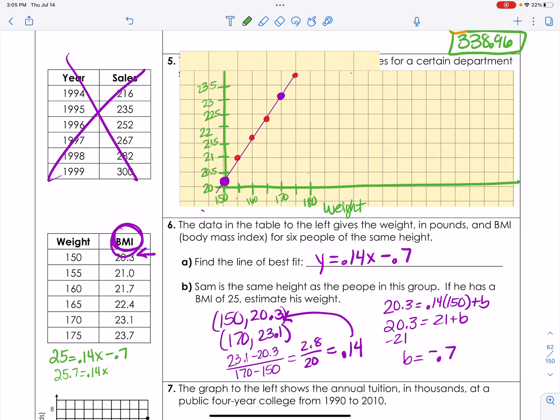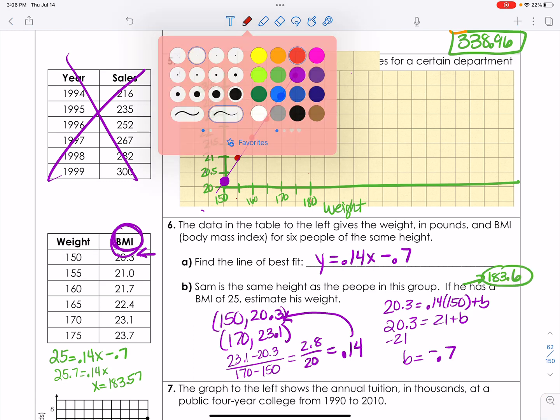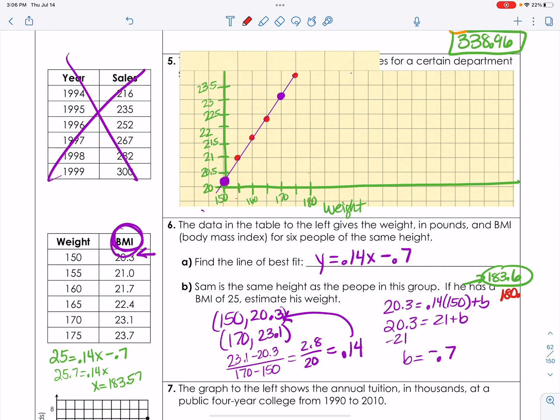And then I'm going to divide by 0.14, and I got 183.57. So the answer to this is 183.6, we'll say. The book got 180.6. So we did not get exactly the same answer, but we got a good estimate. This is just about estimates.